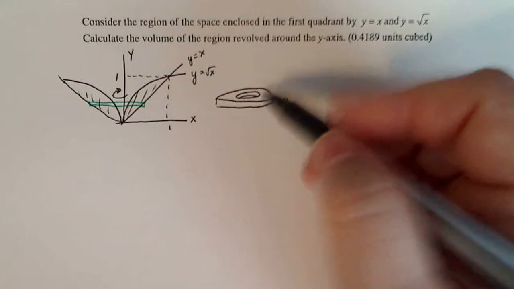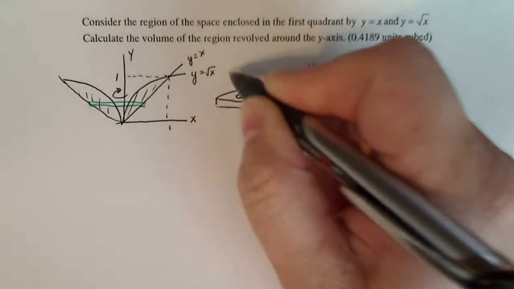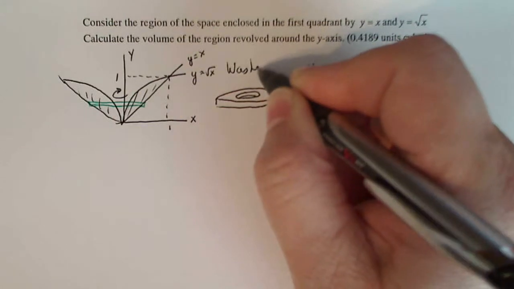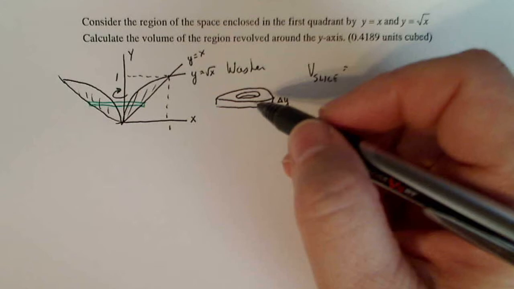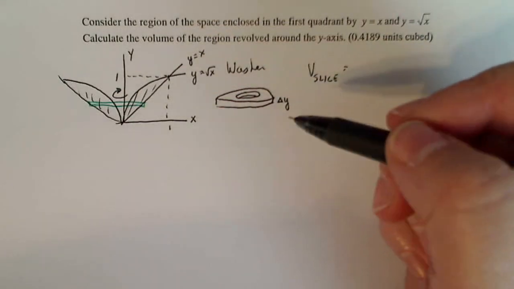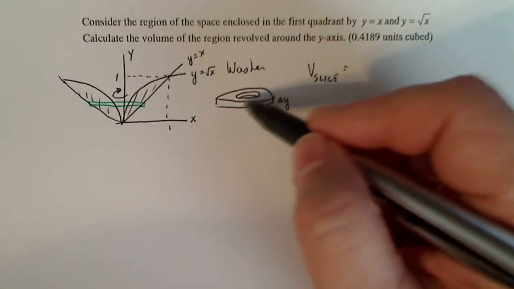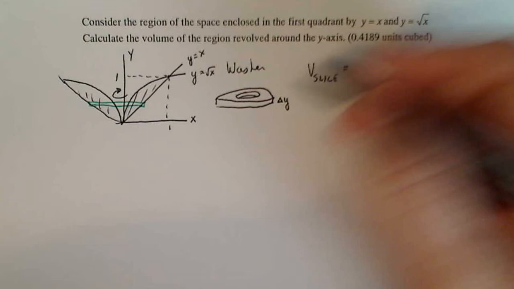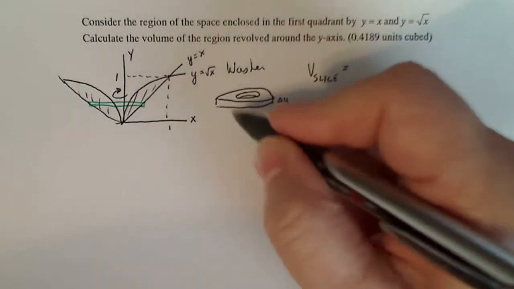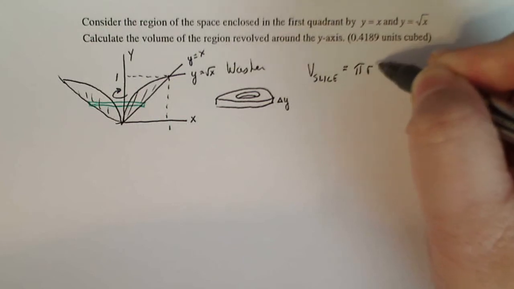Then we have to think about the volume of that particular slice. Now since this is a washer, we have to take the area of the big bit and subtract the area of the hole. Not the area, the volume. Take the volume of the big bit minus the volume of the hole, and that'll give us our volume of the slice. So the volume of the big bit is just a real thin cylinder, which is pi r squared h.